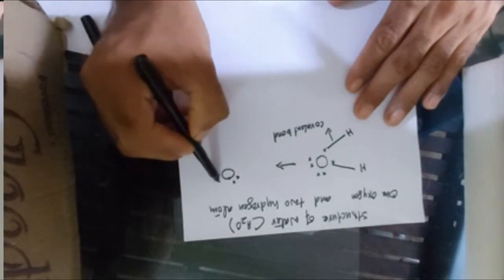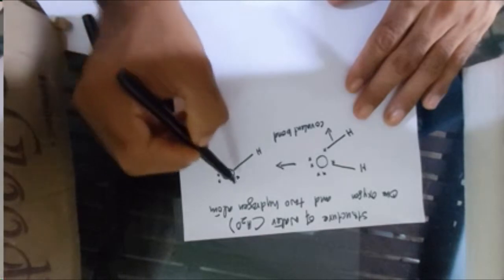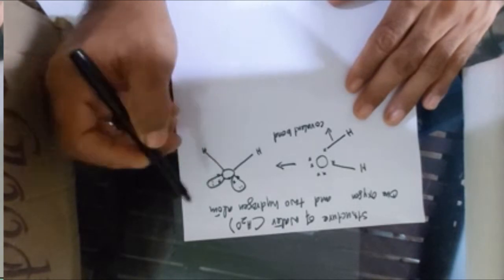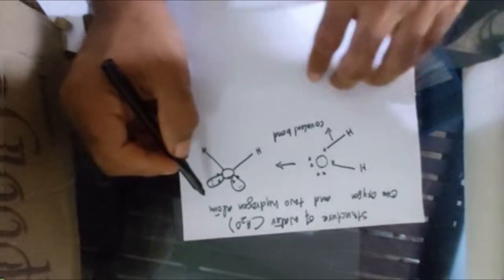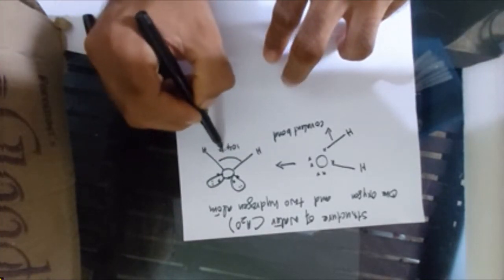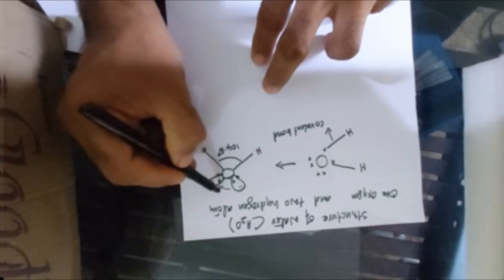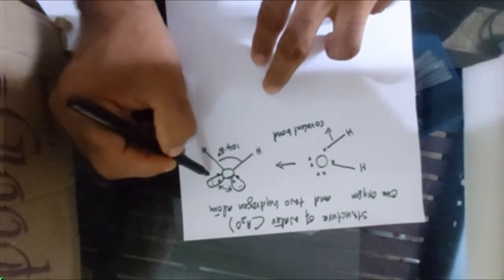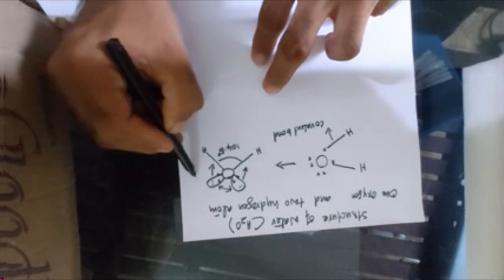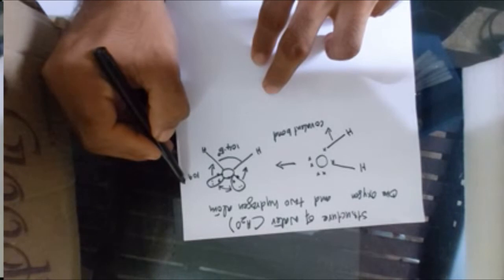There are 2 lone pair electrons, so there is repulsion, and the bonds are pulled in this direction. The angle between these is 104.5 degrees, slightly lower than the 109 degrees it should actually be.